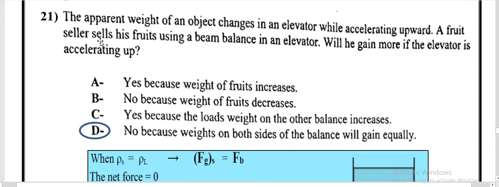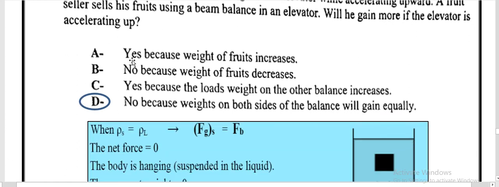A fruit seller sells his fruit using a beam balance in an elevator. Will he gain more if the elevator is accelerating up?